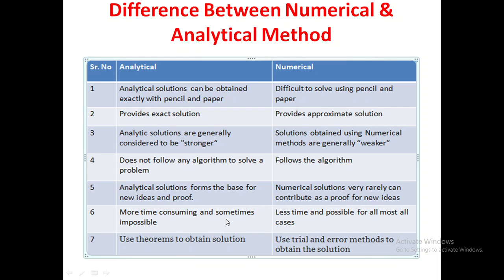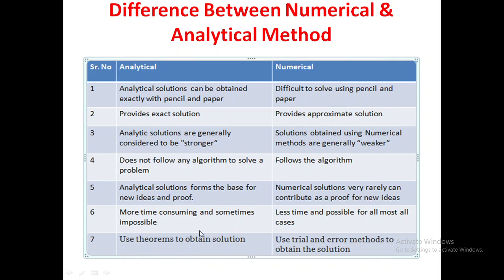The analytical method is more time consuming and sometimes impossible. In the numerical method, you will get the answer within a few seconds, meaning you will require less time, and this is possible in almost all cases because we know the formulas and with the help of those formulas you can calculate the answer.